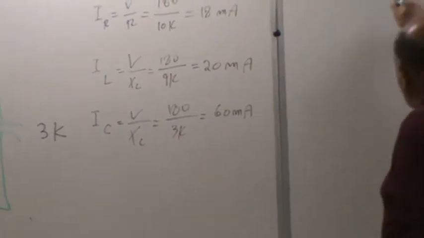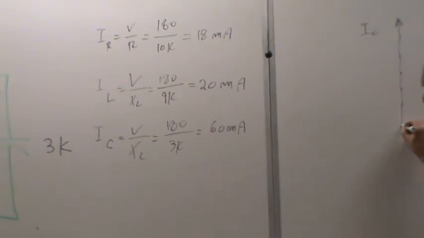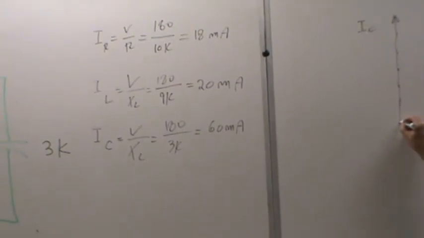So here is where you want I sub C. I sub R is 18. That's 1, that's 2. Later on here, I'm going to say that is my I sub R. And I sub L falls below. 1, there's 2. Right there. I sub L. You see this?